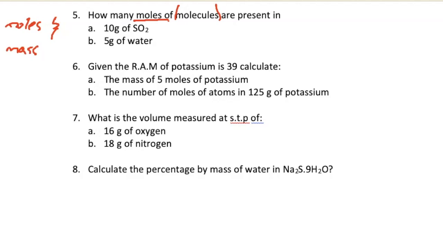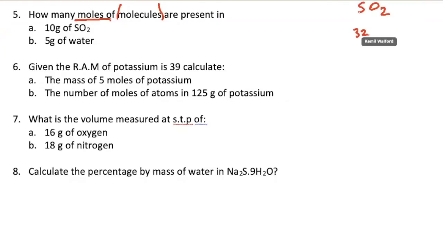So you'd have to look in the periodic table for the mass of sulfur, which we will see. So we're looking at SO2, the mass of sulfur, that's 32 for sulfur. It's one of it, so 32 times 1 is 32. For the 2 oxygen that's present, 16 times 2, that's also 32. The sum of that is 64.